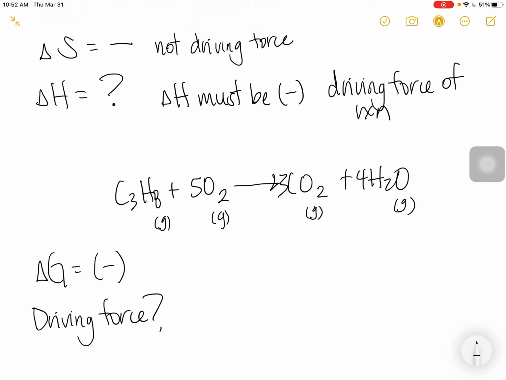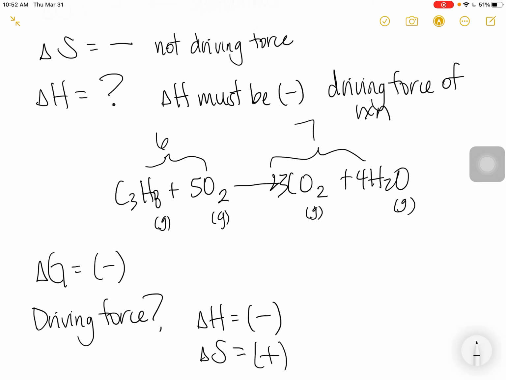So it has to be something, right? It's either enthalpy, entropy, or both. So we have to think about this. This is a combustion reaction, and delta H is negative. We can also predict delta S. It's an all-gas reaction, so I look at moles. I have 6 moles of reactants, and I have 7 moles of products. Entropy will increase.